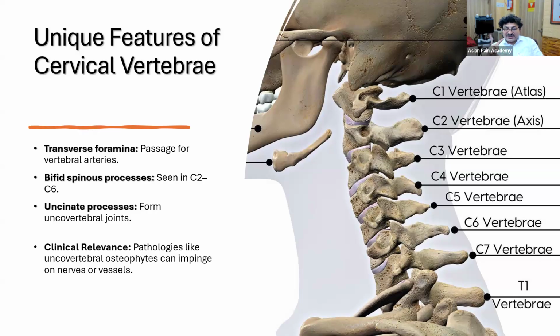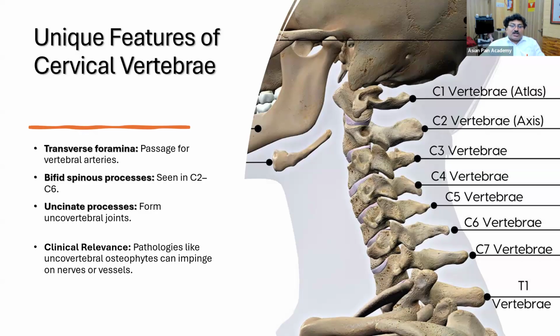Among the vertebrae, excepting C1 and C7, the spinous processes are bifid, though the nature of the bifid varies. In C2, it is an inverted V type, whereas in the others, they are totally bifid spinous processes. So that is also a difference with the rest of the spine.